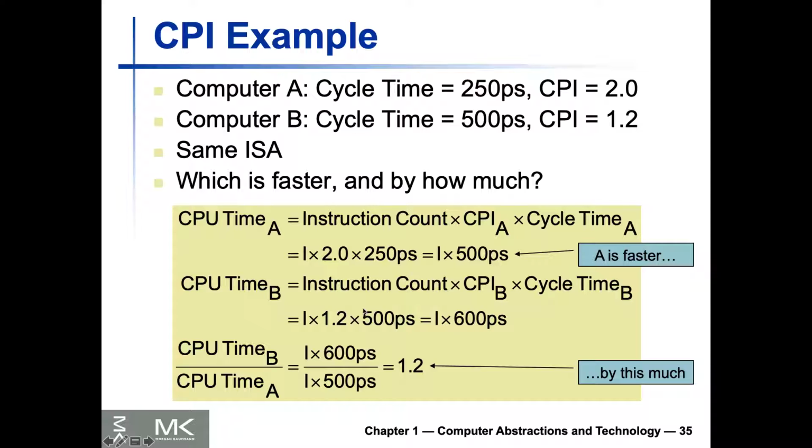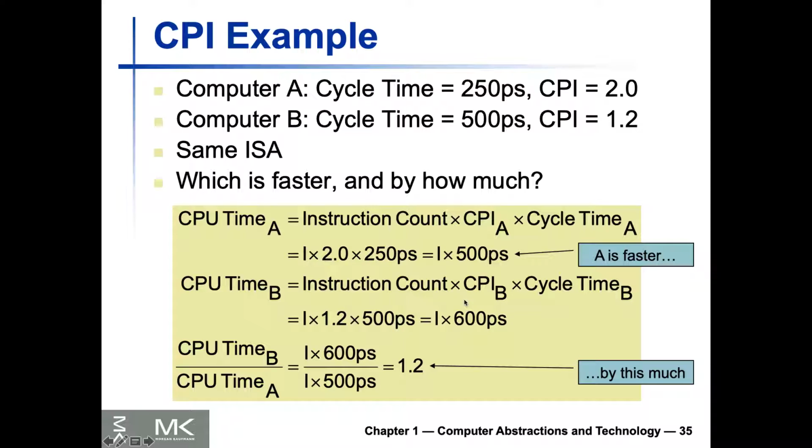Because we're using the same ISA and the instruction counts are the same, we don't need the number actually. So the thing that is important for us is only CPI A and the cycle time for computer A. So it's going to take 2 multiplied by 250, and in the case of B, it's going to take 1.2 multiplied by 500, right? So now you see that computer A is actually faster.